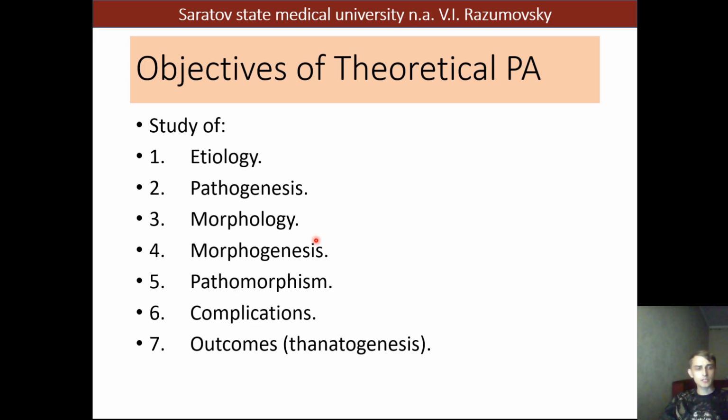Returning to our example with myocardial infarction, the morphology will be in the muscle of the heart. Macroscopically, we will see an area of white tissue. This white tissue will be necrotically changed tissue of the heart muscle.